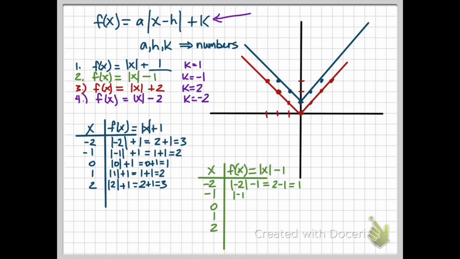Then we plug in our -1 just like we did before. So this is going to be 1 minus 1, so that's a 0. Then at 0, we've got absolute value of 0 minus 1, so this is going to give us -1. You could probably figure out what we're doing by now. So we have 1 minus 1, that's a 0. We have 2 minus 1, which is a 1. So then we come back over here again.